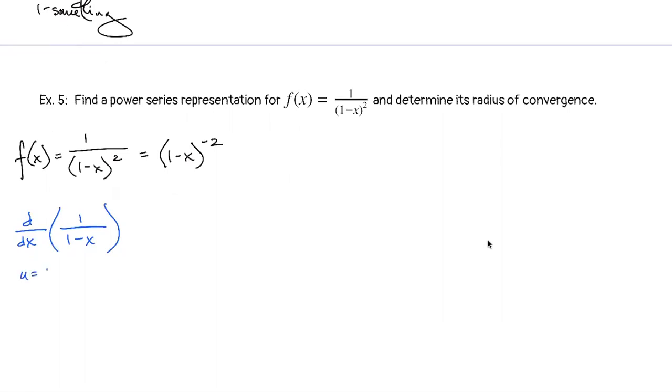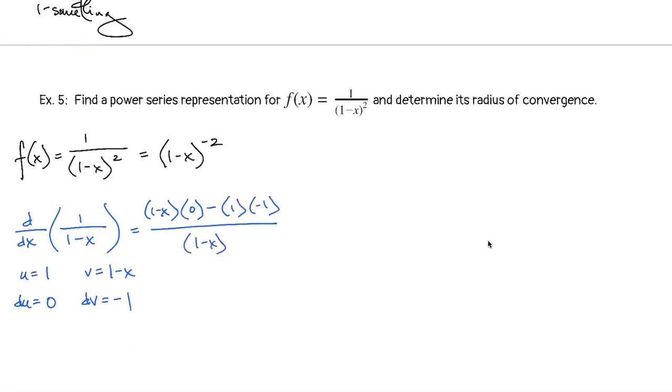So u would be 1, du would equal 0. v equals 1 minus x, and dv equals negative 1, right? And so when we plug all of those into the quotient rule, we get v times du minus u times dv, all over v squared.